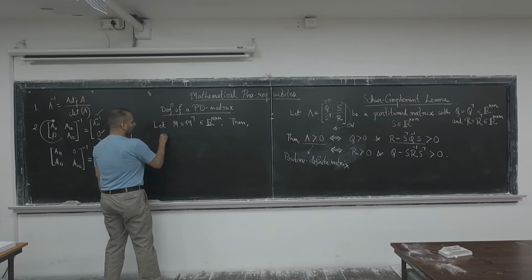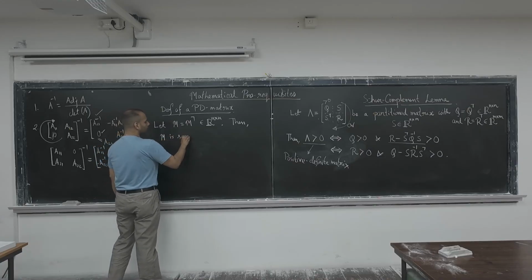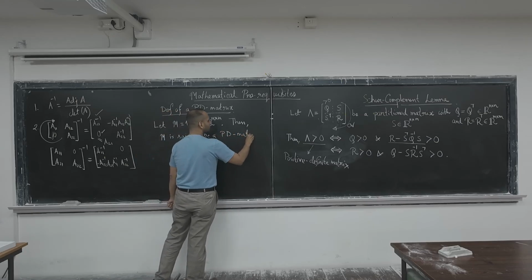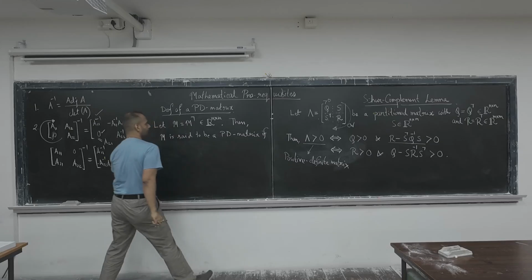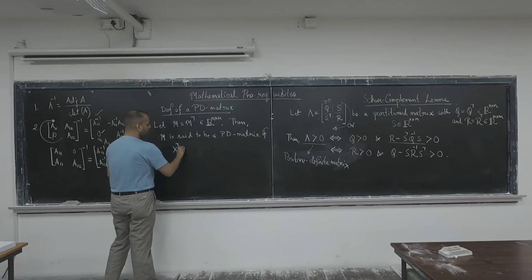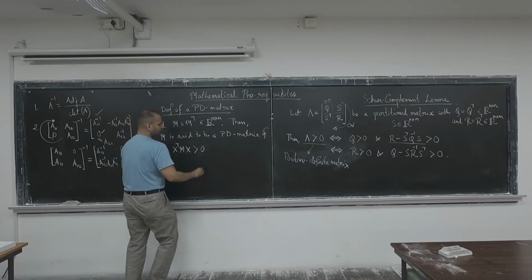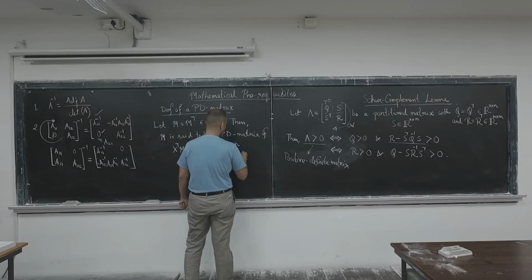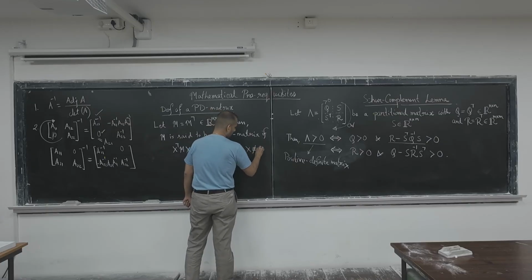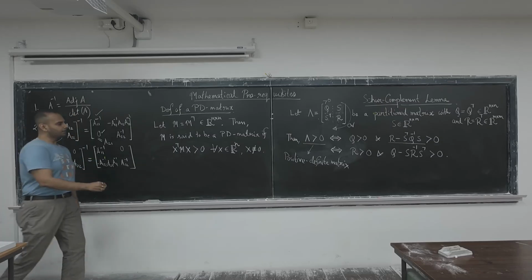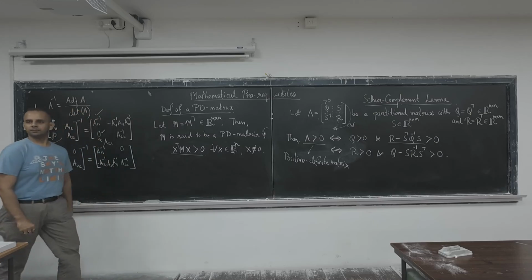Then M is said to be a positive definite matrix if x transpose M x is greater than 0 for all x not identically equal to 0. Okay, that is the definition of a positive definite matrix.